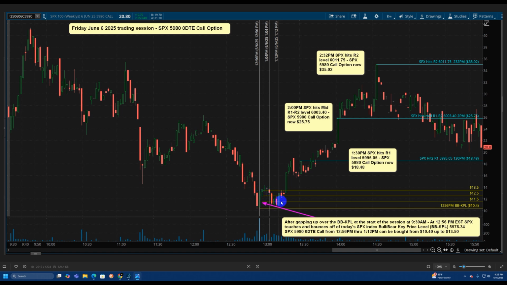As you can see here, I have 1256 to 112 marked off, and then we have 104 here in the middle. And as you can see here, there were plenty of opportunities for you to buy somewhere between 1040 or 1350 up to 1350, or somewhere within that range during that time if you didn't get in just right here.